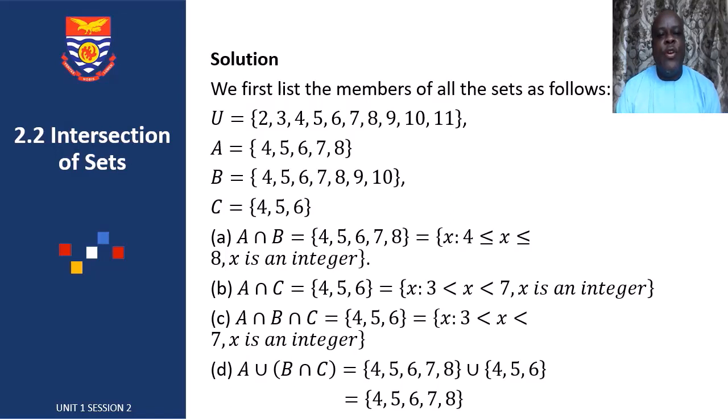Then we bring the union, and then we now find the one in the bracket, which is B intersection C. And B intersection C is 4, 5, and 6. So we are now going to find the union of A and the answer we have gotten for B intersection C. And that is 4, 5, 6, 7, and 8.